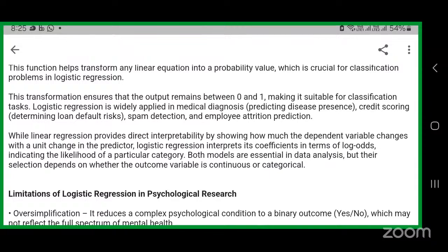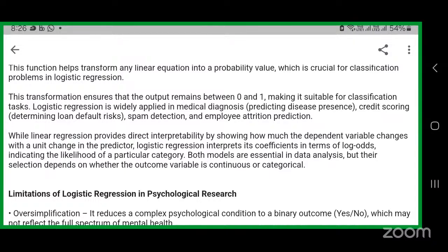While linear regression provides direct interpretability by showing how much the dependent variable changes with a unit change in the predictor, logistic regression interprets its coefficient in terms of log odds, indicating the likelihood of a particular category.